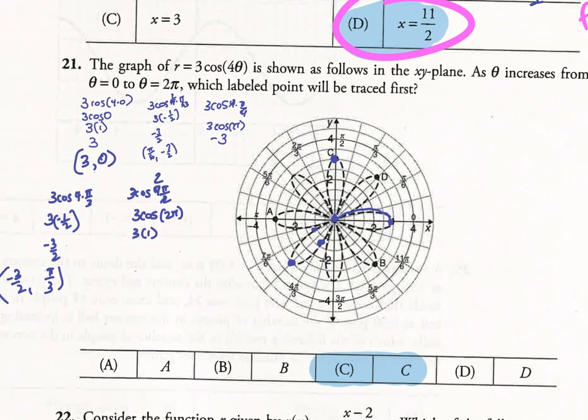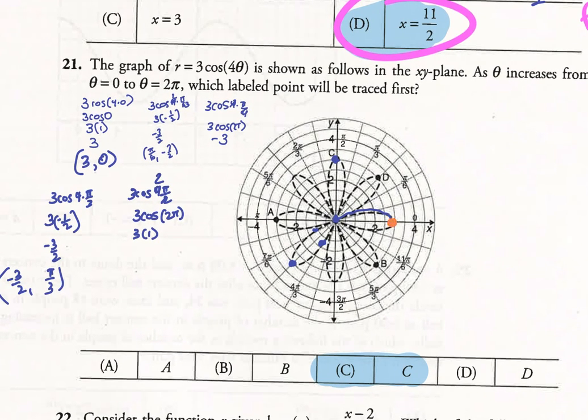So when I plugged in 0, I got 3, 0, and that told me that this point was first. The one on the right. Then I plugged in pi over 6. Pi over 6 gave me pi over 6 and negative 3 pi over 2, and that was this one over here. So I went from here to here. That order is what you would need to know.